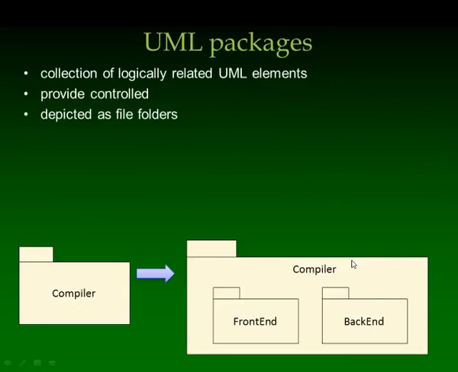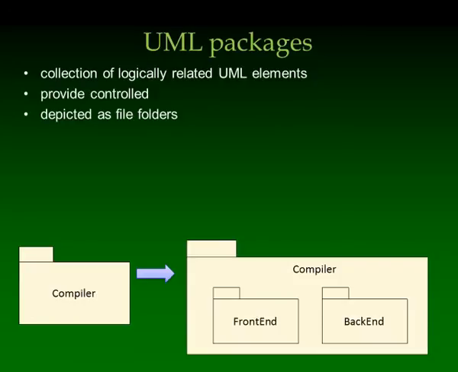Okay, so UML packages. You've already seen packages in the UML use case diagram, and a package is basically a collection of logically related UML elements, and they can contain classes and other packages and diagrams. So here's one that contains other packages. And packages can be used to provide control access between classes in different packages.